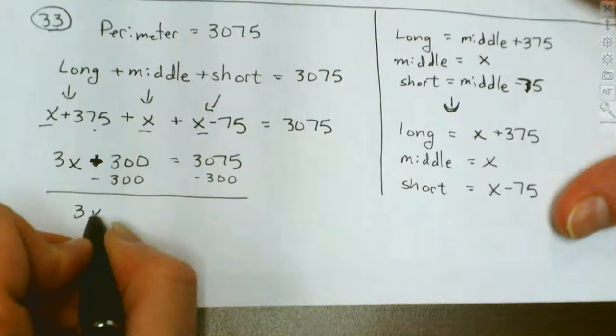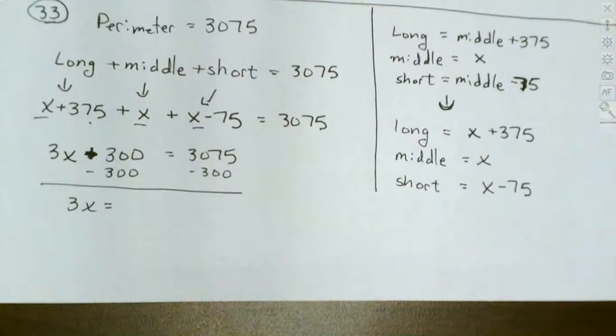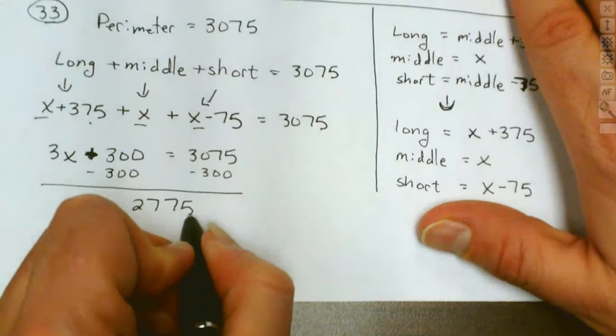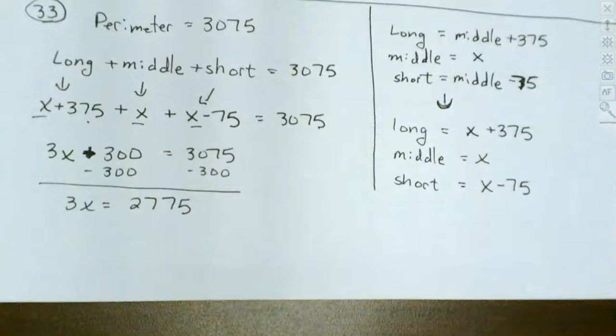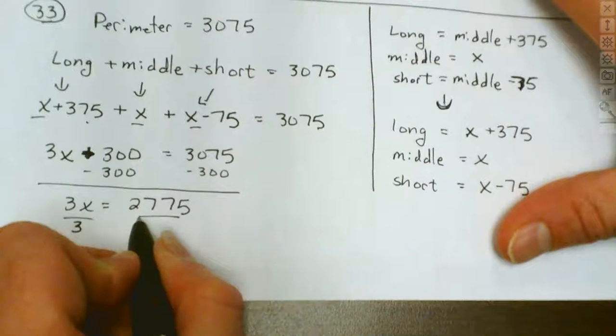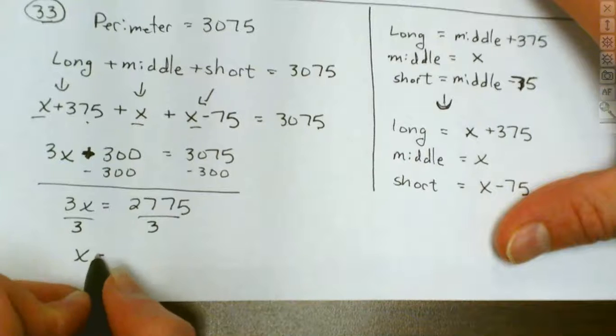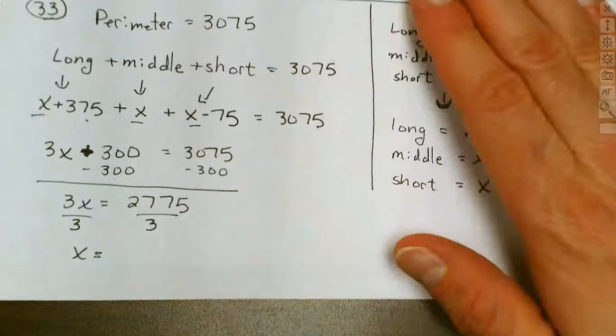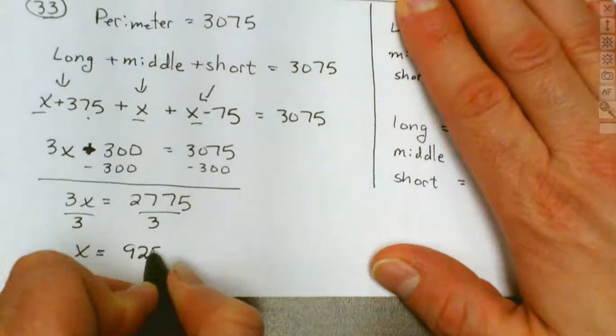And that leaves me with 3x now equaling 2775. Divide by our 3. And now we've got part of the answer. Not the whole answer, part of the answer. 2775. We're going to divide that by 3. That gives you 925.